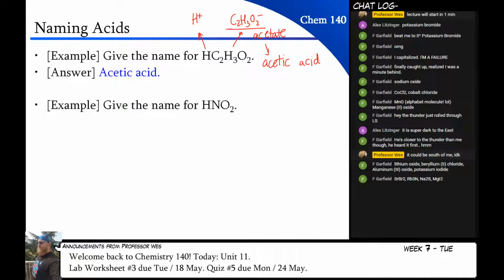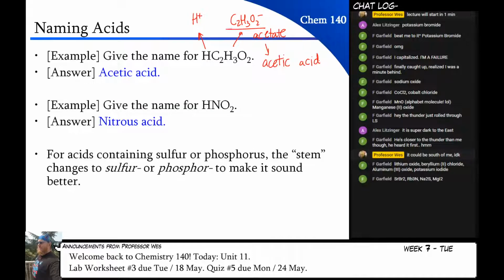How about this one? We just did that. How about something that contains sulfur or phosphorus? Now, with sulfur and phosphorus, so for example, with this, the ion that you get is sulfate. But if we get rid of the -ate, you just get sulf.